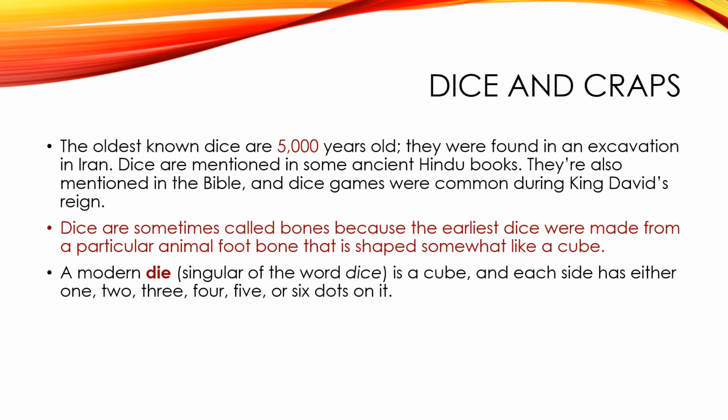All right, we're going to come back and do one more roulette example, but I need to talk about dice and craps, and then I need to talk about cards, and then we'll come back to roulette. The oldest known dice are 5,000 years old. They were found in an excavation in Iran, and dice are mentioned in some ancient Hebrew books as well as in the Bible, and they were common during King David's reign.